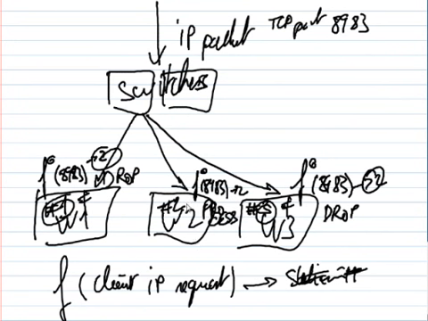So the mechanism is quite simple. It's done at the low level in the stack of Windows. An important thing to understand is that it doesn't depend on how the HTTP application works.